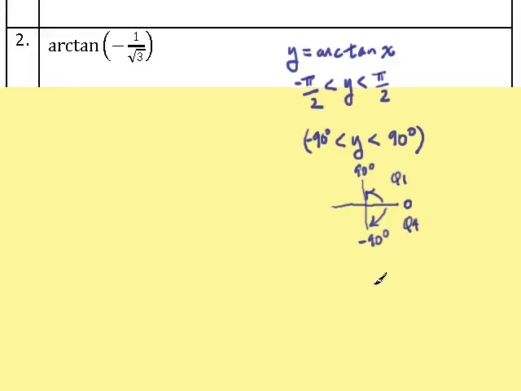So the reference angle is 30, and it's a negative angle, so we must be talking about minus 30 degrees, or in radians, minus pi over 6.